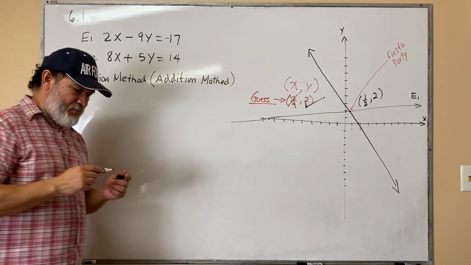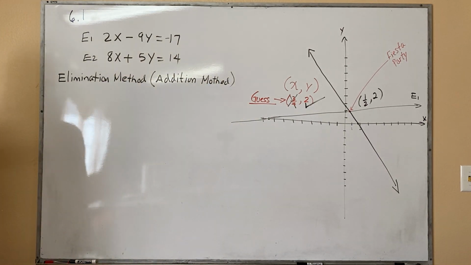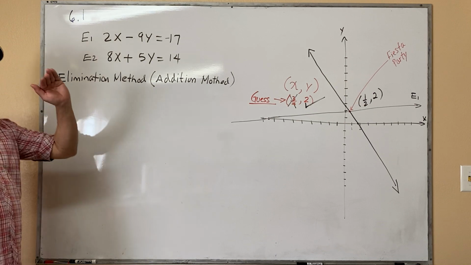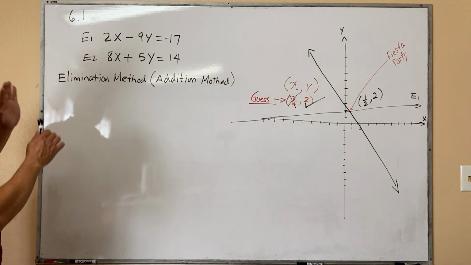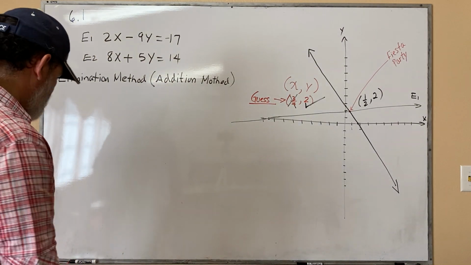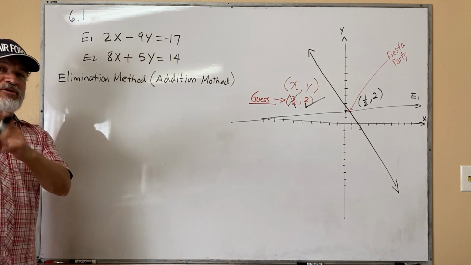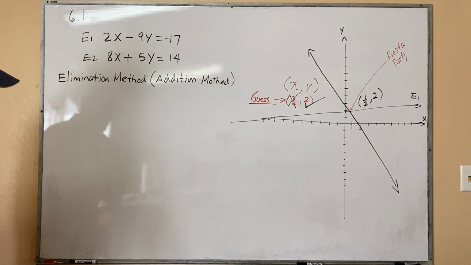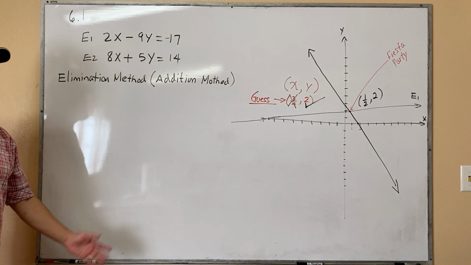You'll see why. Okay. To use the elimination method, we're going to have to eliminate a variable. Which variable? It's up to you. Obviously, you want to pick the easiest variable to eliminate.